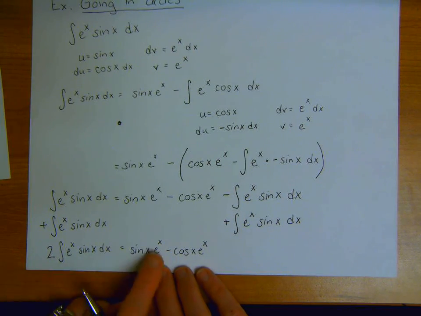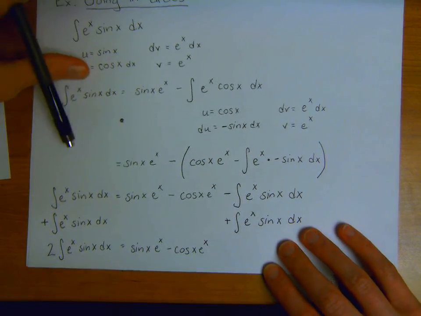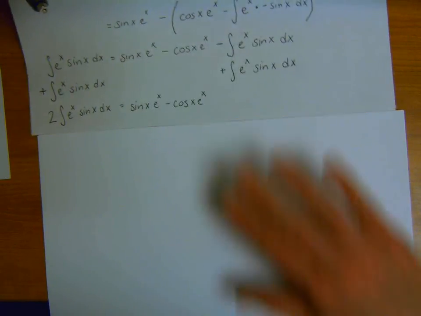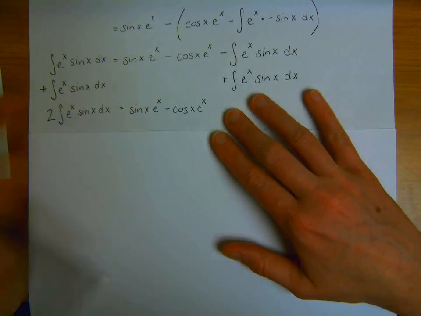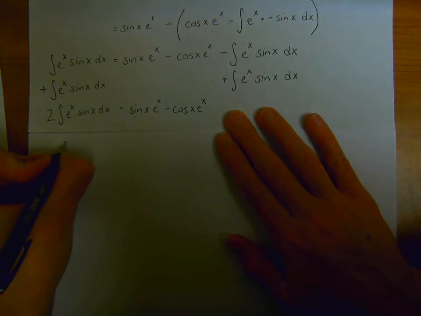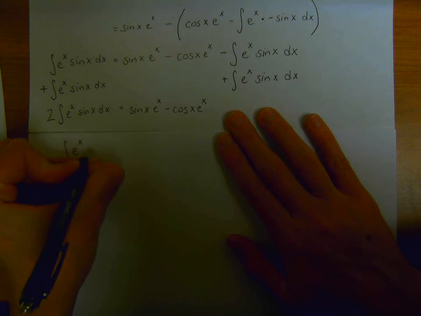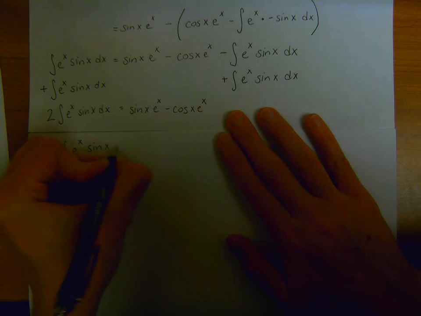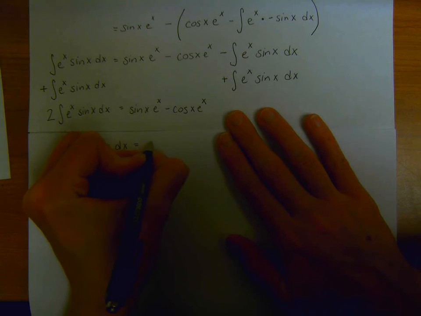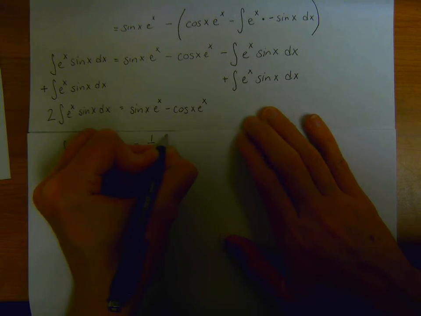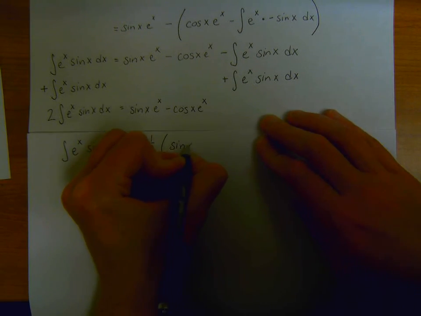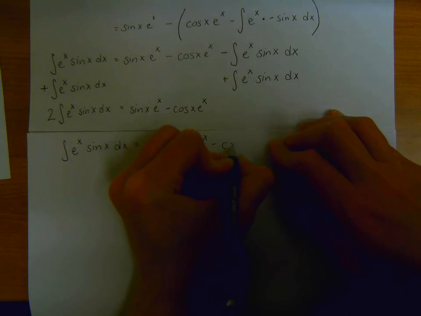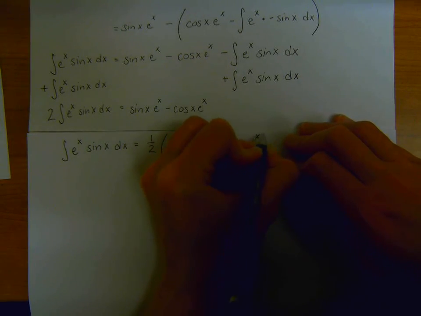If I divide both sides by 2, it's too bad there's not enough room on this page, I get the integral of e to the x sine of x dx is equal to 1/2 of sine x e to the x minus cosine x e to the x.